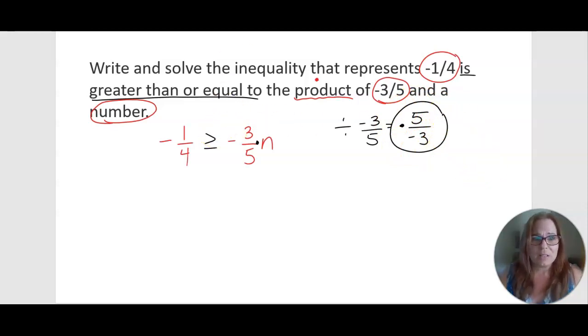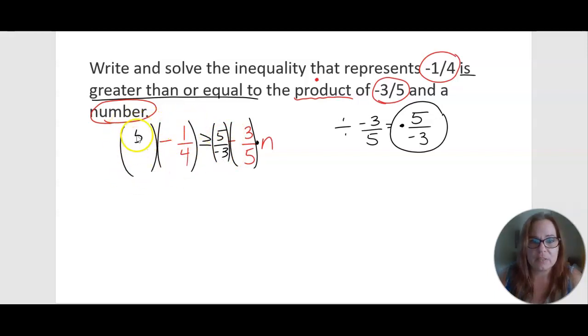Let me draw this a little bit smaller. My greater than or equal to. And I'm gonna fit some parentheses in here because when you see me use parentheses, it's multiplication most of the time. So I'm gonna multiply by 5 over negative 3. And I'm gonna do the same thing over here. Multiply by 5 over negative 3.